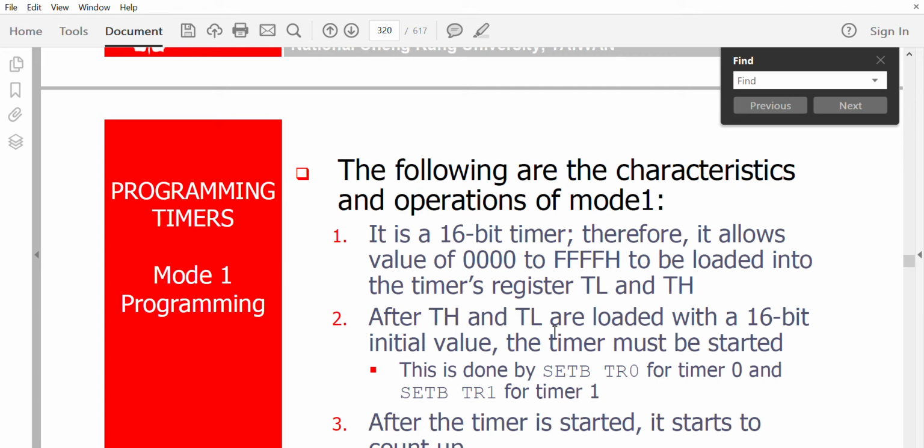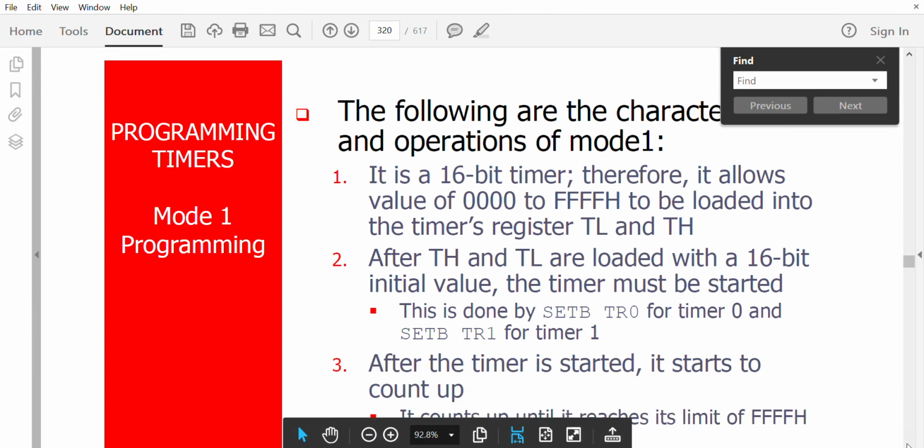So first you load an initial value into TL and TH. The 16-bit value is loaded into TL and TH together. After the timer value is loaded, the timer should be started. So how do you start it?